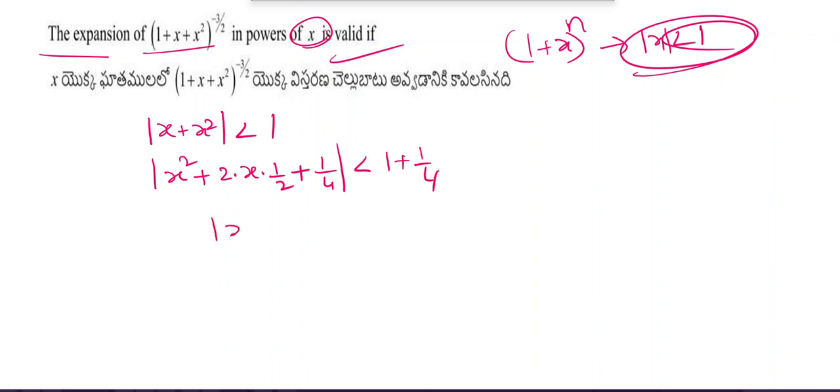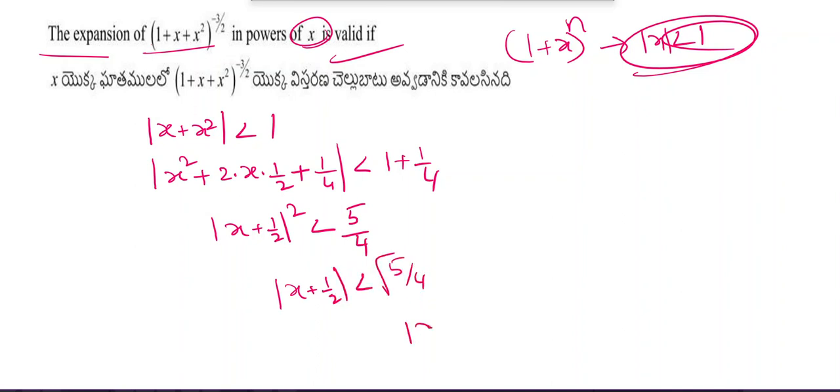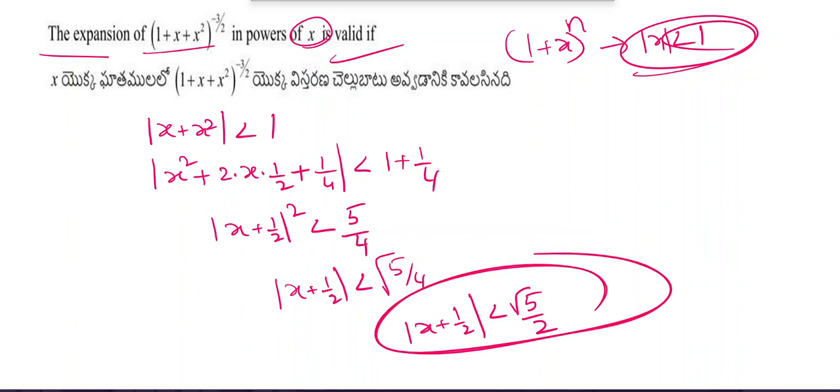This is mod of (x plus 1 by 2) whole square, which is less than 1 plus 1 by 4, that is 5 by 4. So mod of x plus 1 by 2 is less than root over 5 by 4, that is mod of x plus 1 by 2 is less than root 5 by 2. The given expansion is valid for these values.